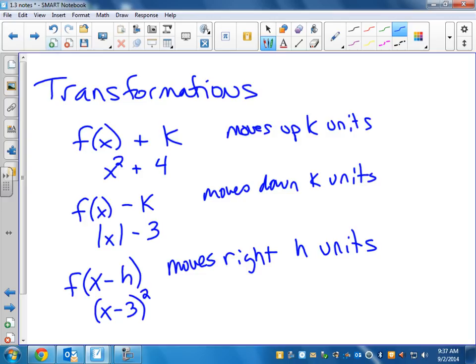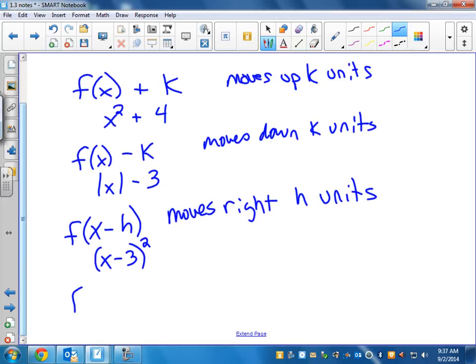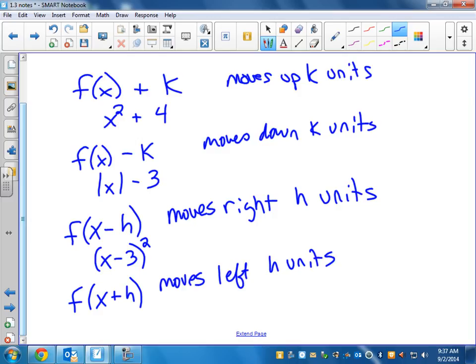So you see how the squared is not just with the x now, it's with the whole thing. That means that parabola has moved right 3 units. And so if you just change it, it's going to be left. So if you do f of x plus h, that means it moves left h units, kind of like the absolute value that we just did.